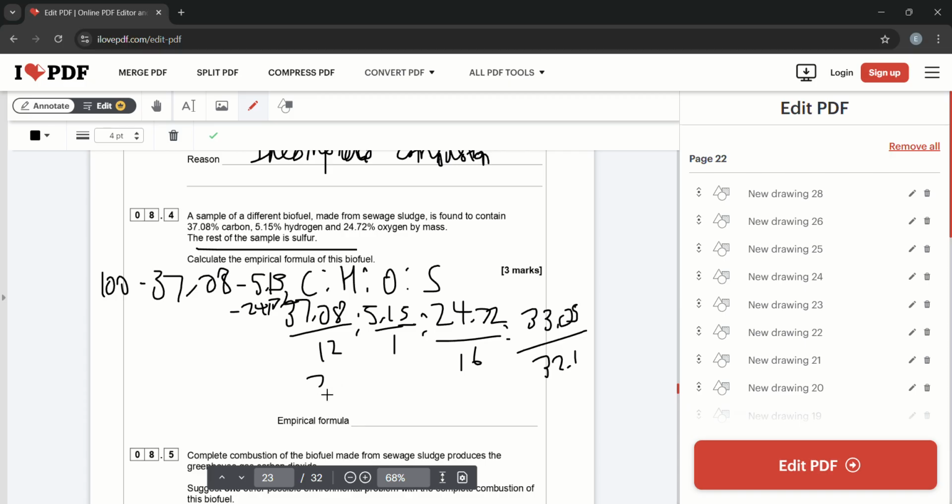You get these moles: 3.09 to 5.15 to 1.50 to 1.030, and then you need to divide again by the smallest number of moles. In this case, the smallest number of moles is 1.030.